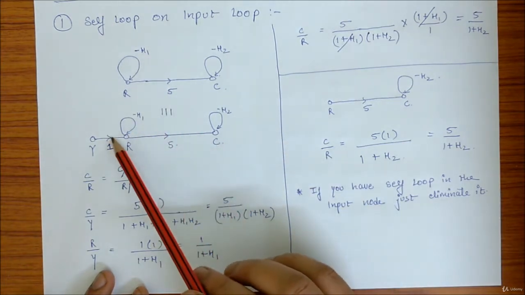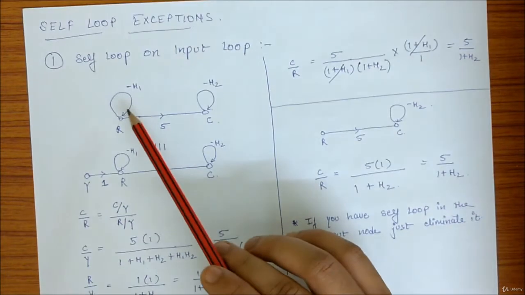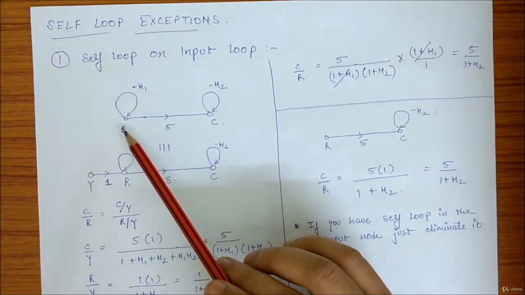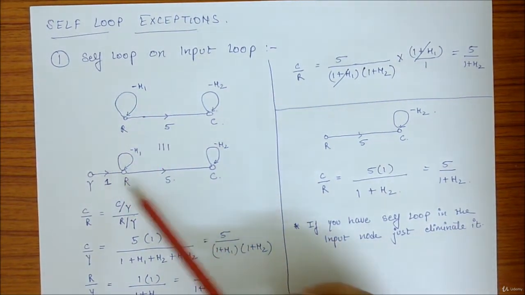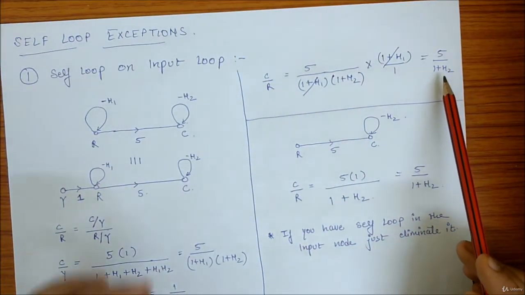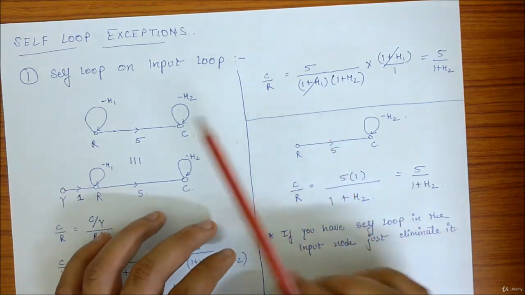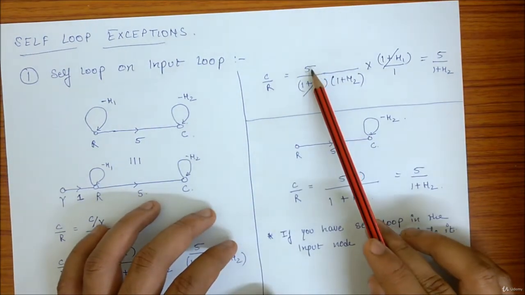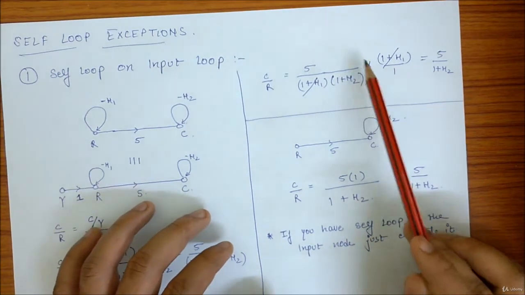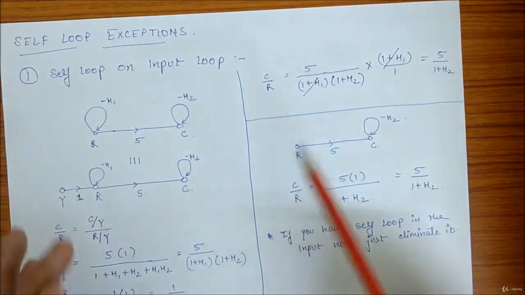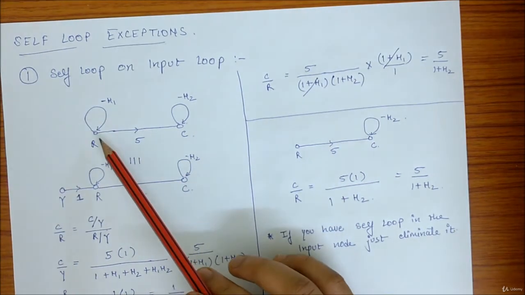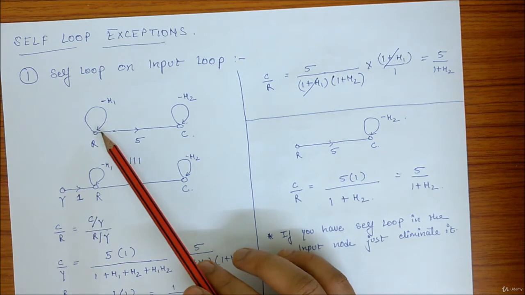This is the modified SFG I made because I had a self loop in the input node. That is why I did this modification, and I got c by r equal to 5 by 1 plus h2. If you don't do this modification, your answer will come as 5 by 1 plus h1 into 1 plus h2, and this is a wrong answer.